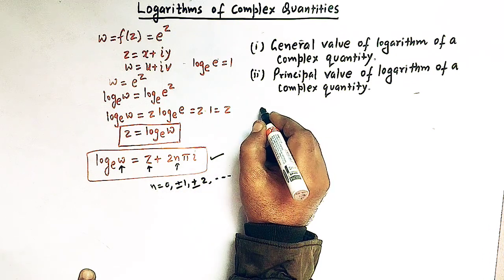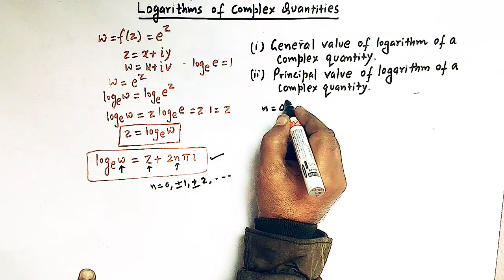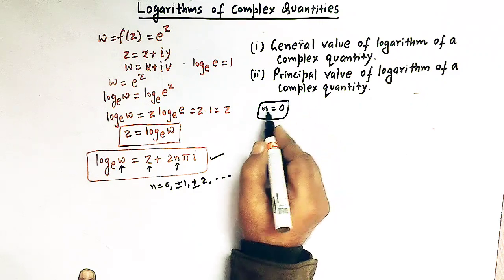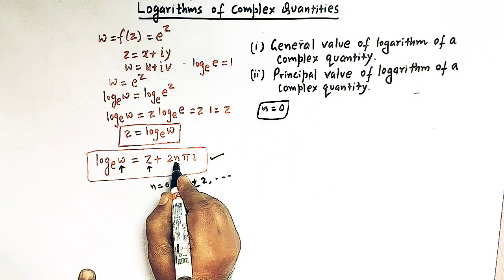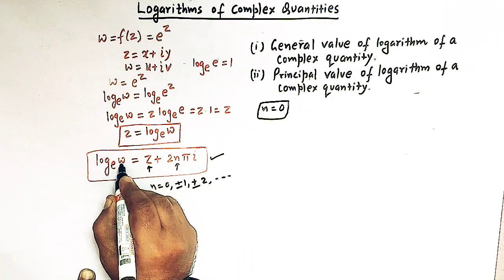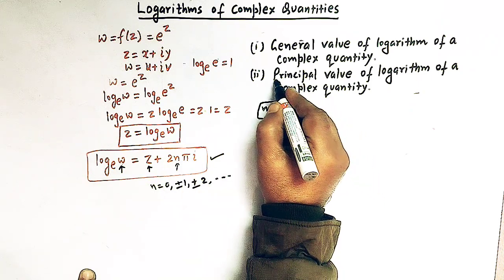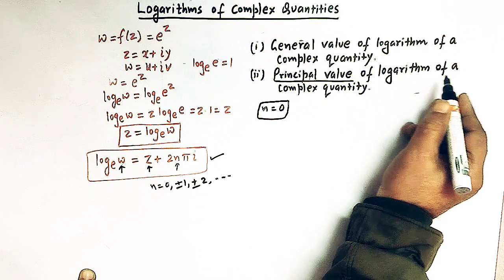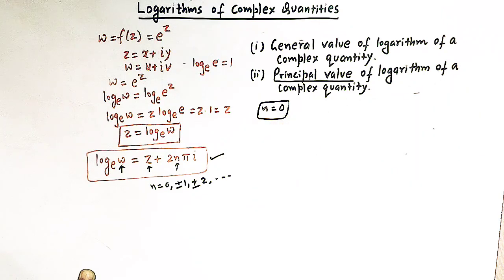So when we take n is equal to 0, this is an important concept. When we take n is equal to 0 in this equation, then the logarithm of w is known as the principal value of logarithm of a complex quantity.